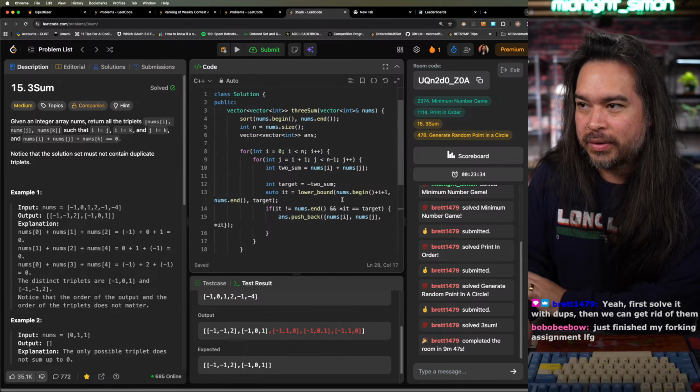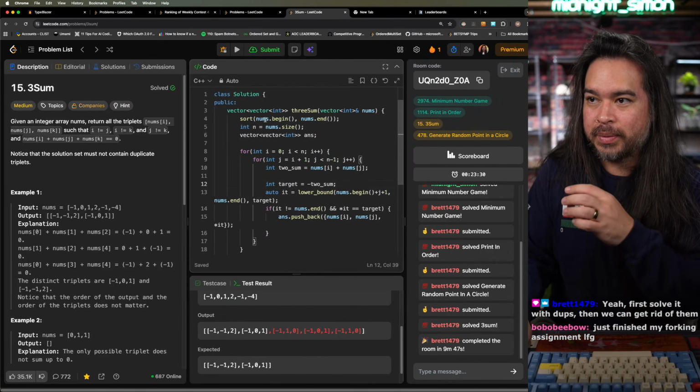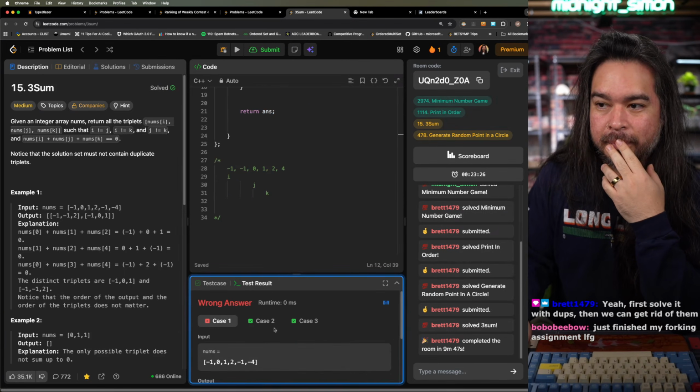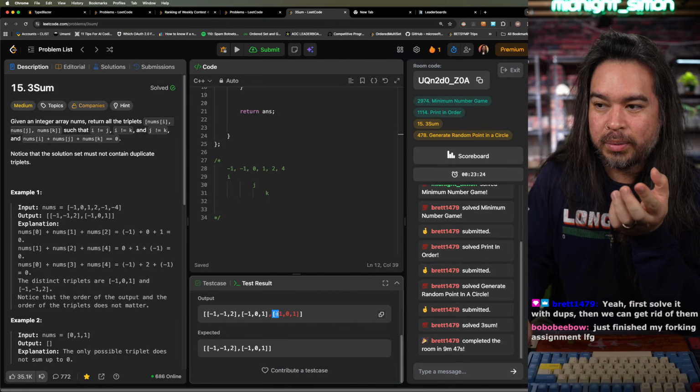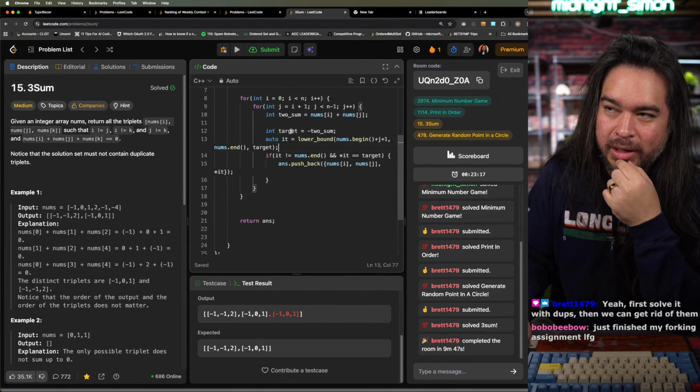Oh, you know what? I see. It's going I, but this should actually be J plus 1. But I'm still having the duplicates right here. So now we're here. How would I manage these duplicates?